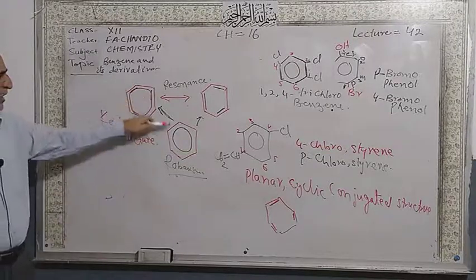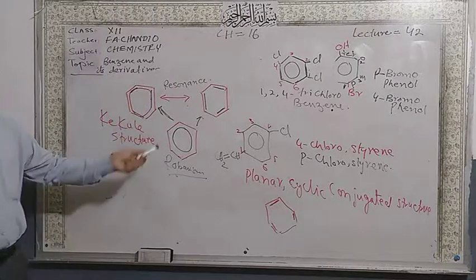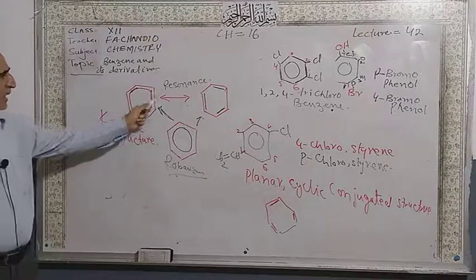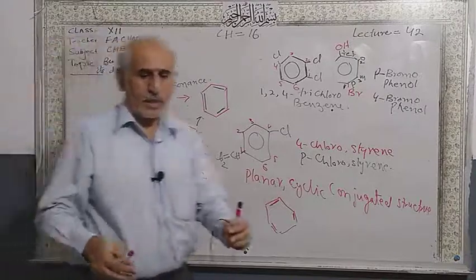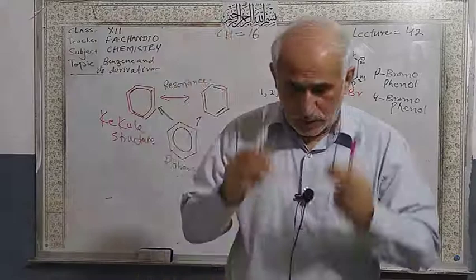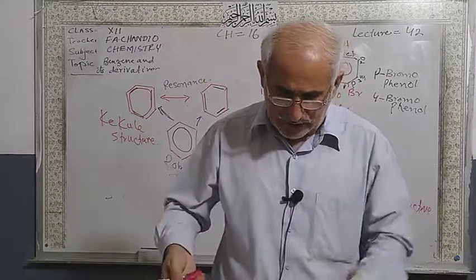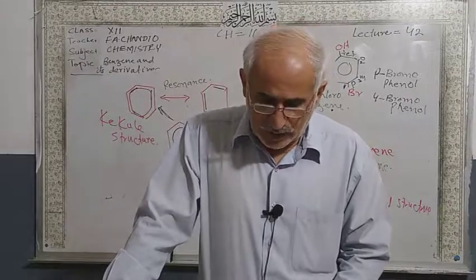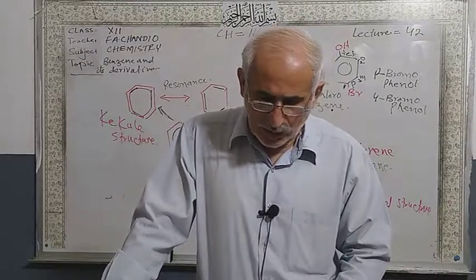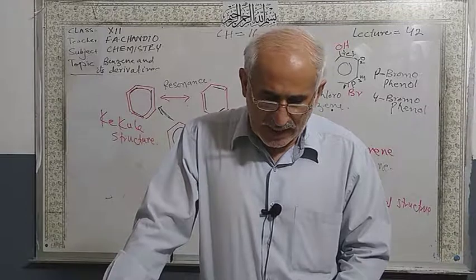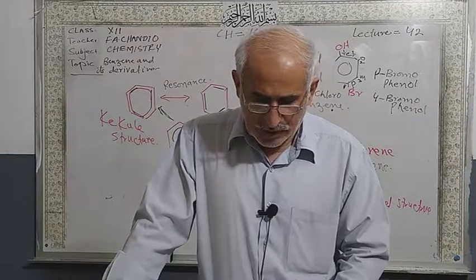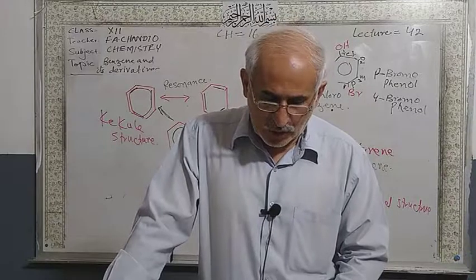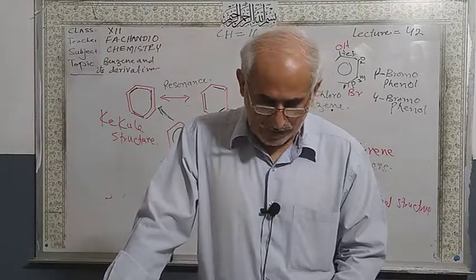This shows the representation of the three double bonds which are circulating inside. This is the resonance which is given in your book also. Either correct or wrong, there are three alternate double bonds. They combine in the resonance hybrid by the conjugated system, and the representation by a circle we call Robinson's structure.